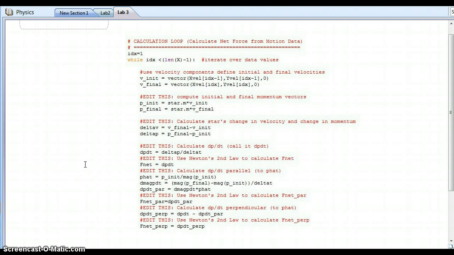To find the perpendicular component, I subtracted dp/dt parallel from dp/dt because the change in momentum is the sum of its parallel and perpendicular components. Like before, the perpendicular component of the net force is equal to the perpendicular component of the change in momentum because of the momentum principle.